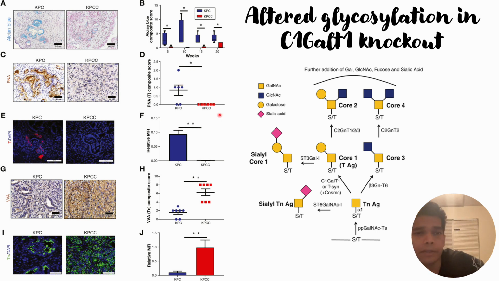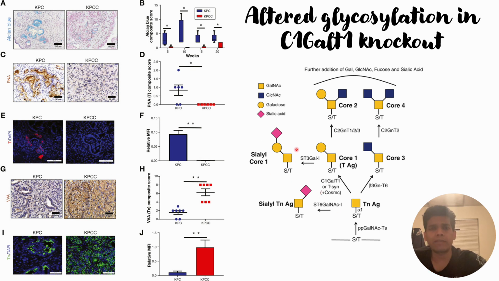The difference is statistically significant. Thereafter, apart from this histology analysis, we also did the fluorescence assay, and there also the results are in line with the histology results. That is, KPC has more of these T carbohydrate structures compared to KPCC.